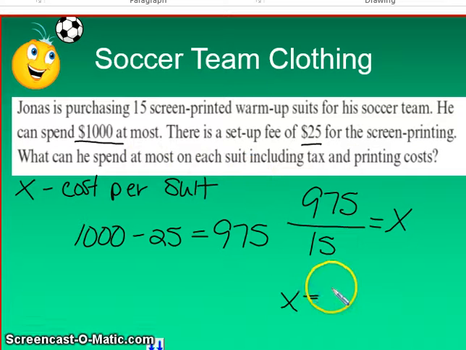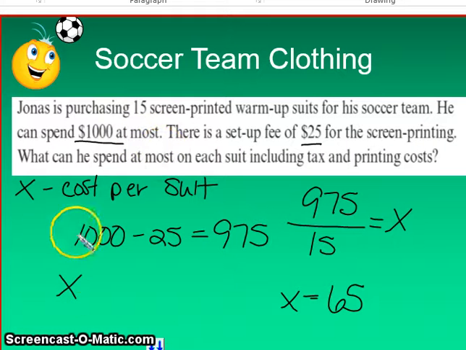So that means X is $65. Now, we don't want to have equals here because he doesn't have to spend $65 on each suit. He can spend at most $65. So that means those words at most means we want to use the expression less than or equal to. So X, the cost per suit, must be less than or equal to $65.